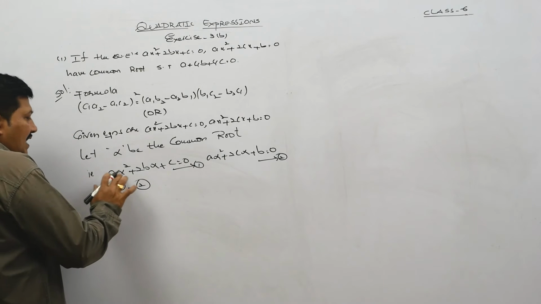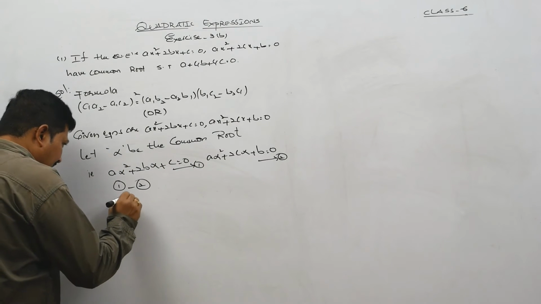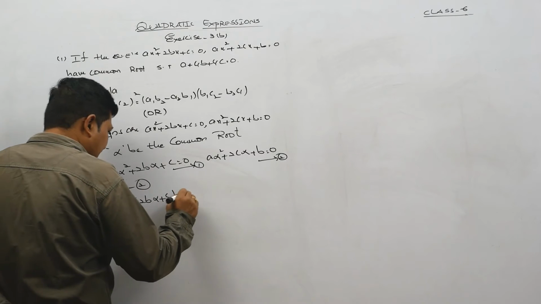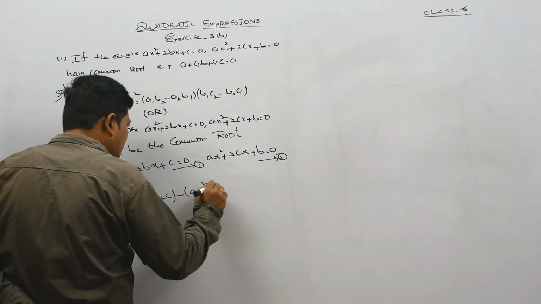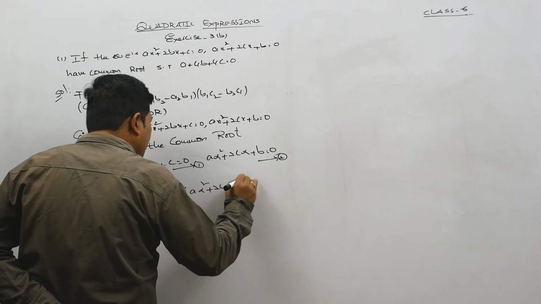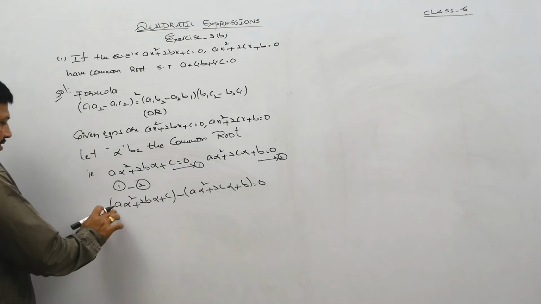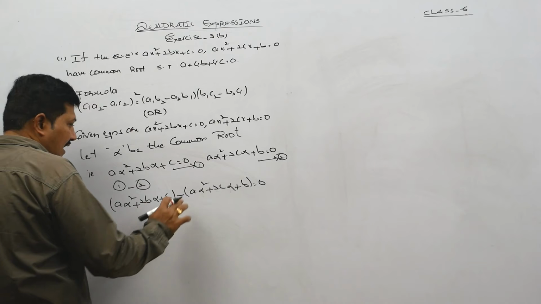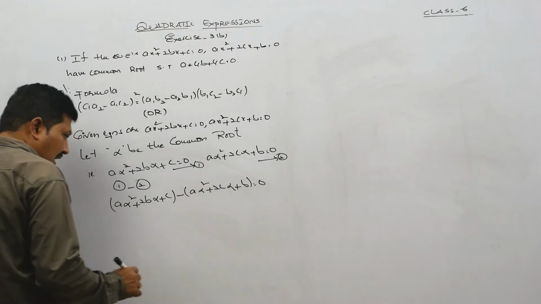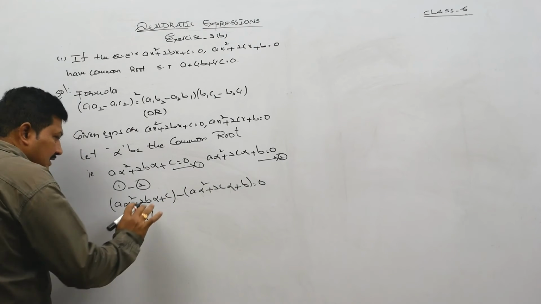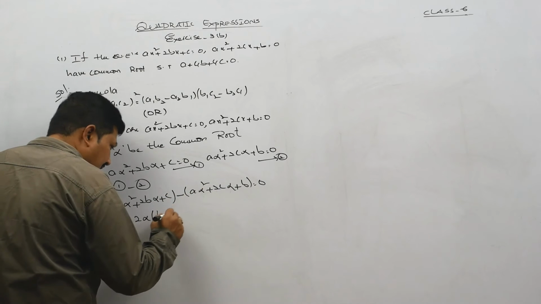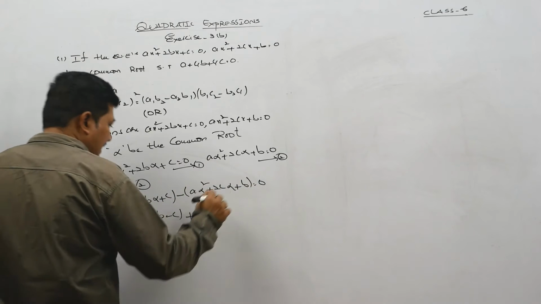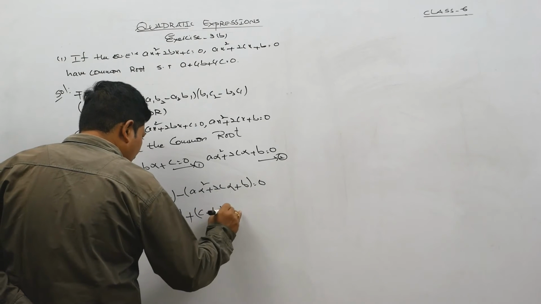So do the subtraction. a alpha square minus a alpha square plus 2b alpha plus c minus 2c alpha minus b is equal to 0. The a alpha square terms cancel. So 2b alpha minus 2c alpha, take 2 alpha common, then you have b minus c, and also plus c minus b is equal to 0.